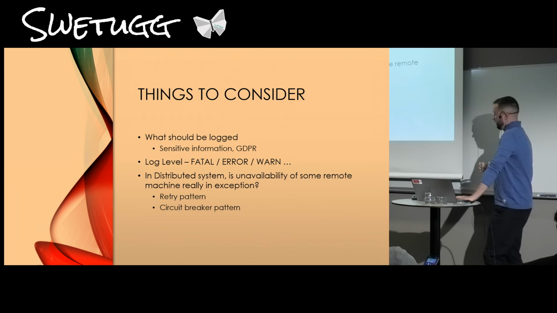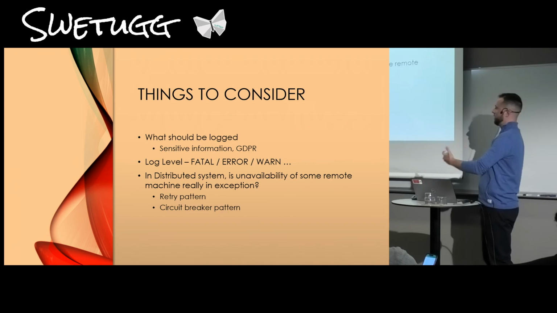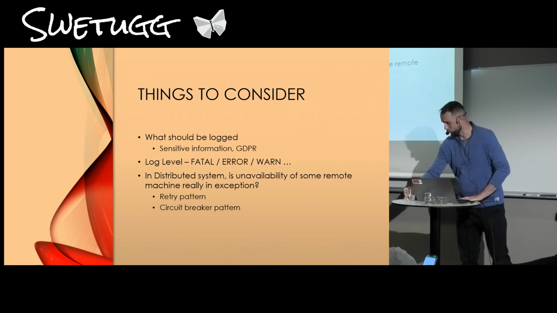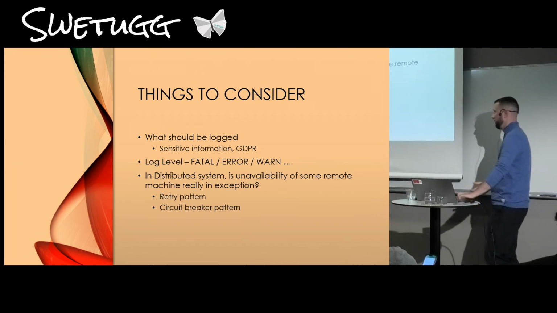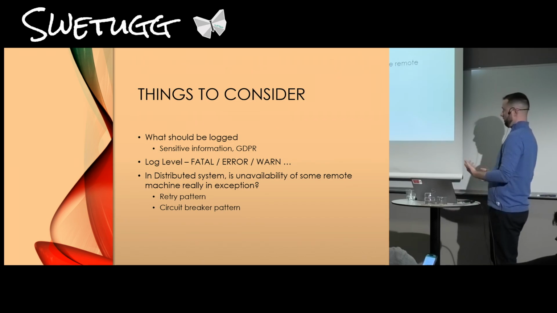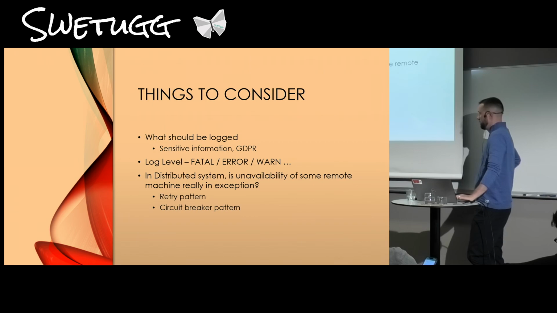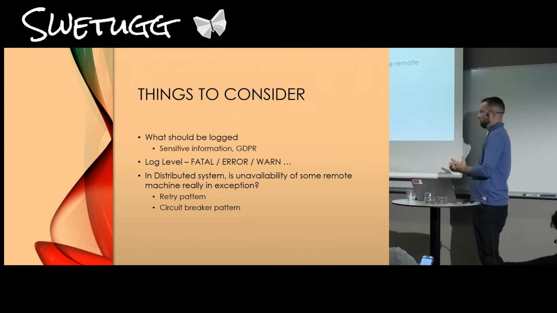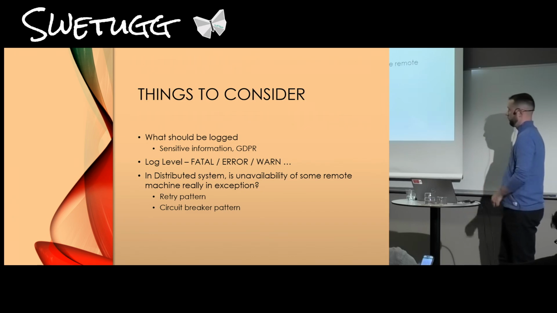So for example, instead of immediately logging the exception with the error level, you might use the retry pattern. Like you try more times, and if it's not available, even after, let's say, 5 attempts, then log it, because it might still be important for your developers to investigate the problems. Maybe if something went wrong with some business workflow, they want to know that the remote machine was not accessible, but consider whether to still log it with the error level, or maybe warning would be more appropriate.